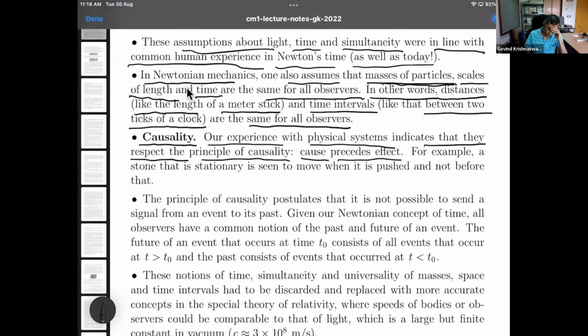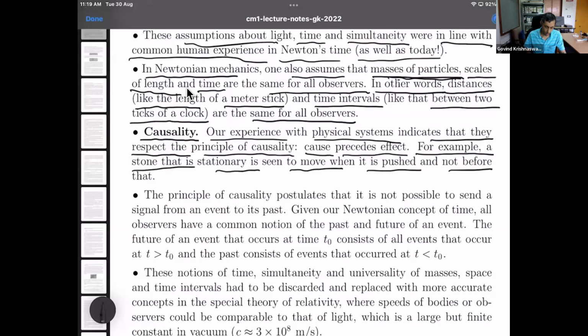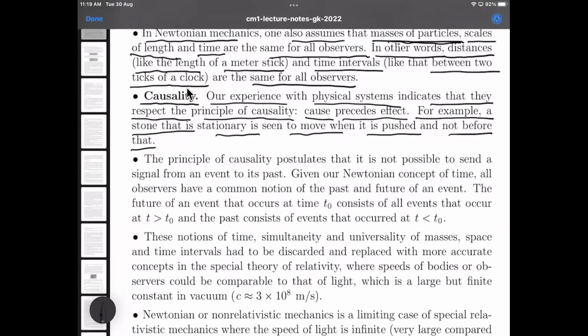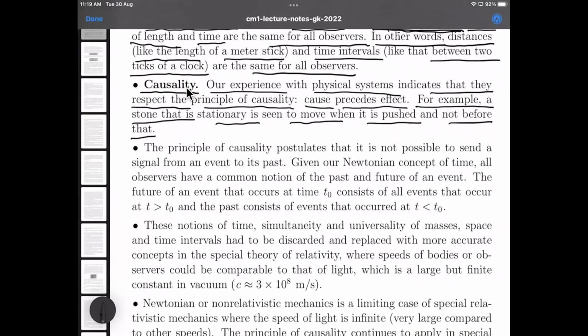For instance, a stone that is stationary is seen to move when it is pushed and not before that. So the movement of the stone happens subsequent to my pushing it and not before I pushed it. So what is the meaning of this? Cause precedes effect.